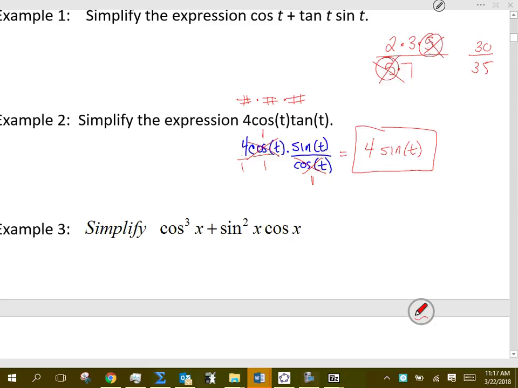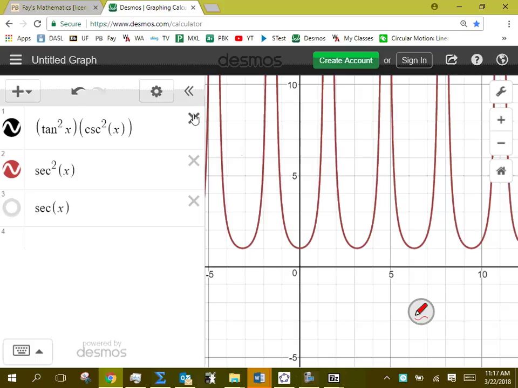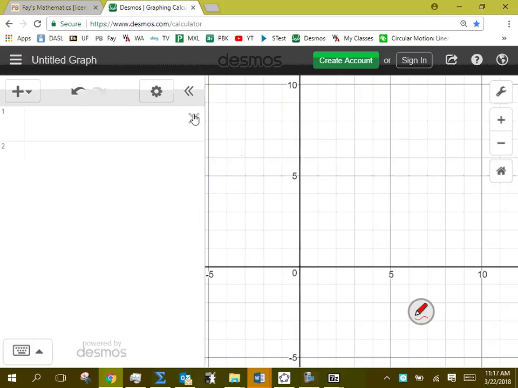Okay, so how can we determine whether we've done this correctly? We can use whatever program you want. Use your TI-83 for all intents and purposes, but I like Desmos for this process because of the way we can type it in. I like GeoGebra.